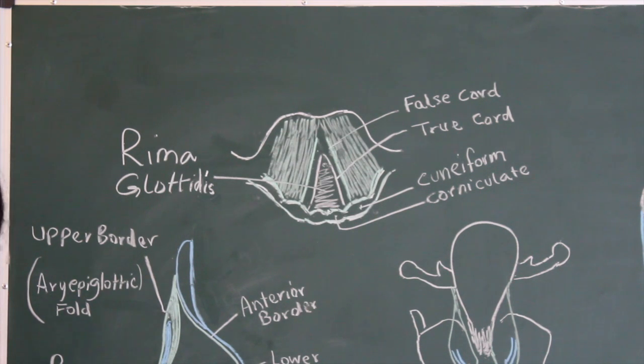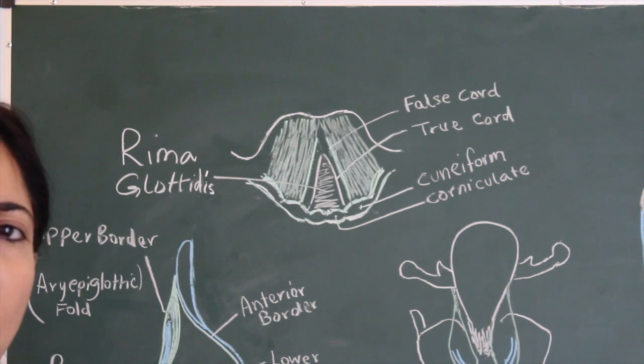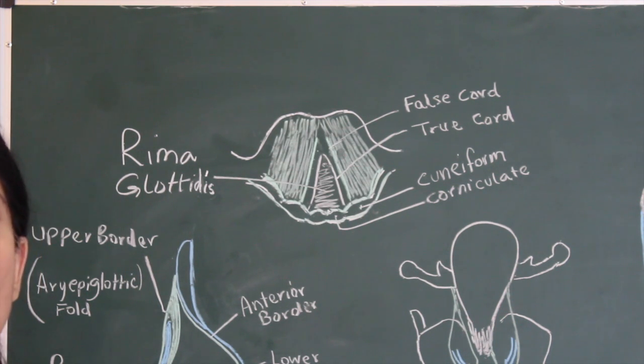So anything above the level of this space is known as the supraglottic region. This is also known as the vestibule of larynx, because the thing under the cover of the epiglottis is the vestibule of larynx.